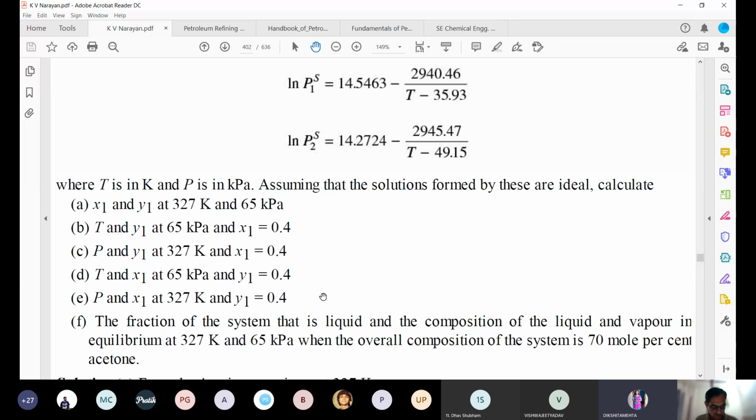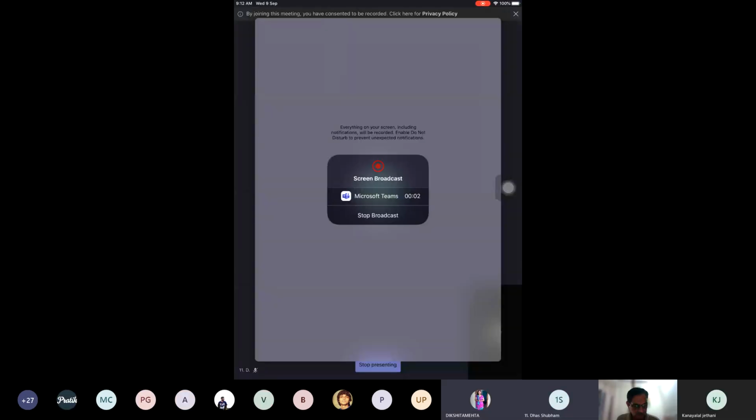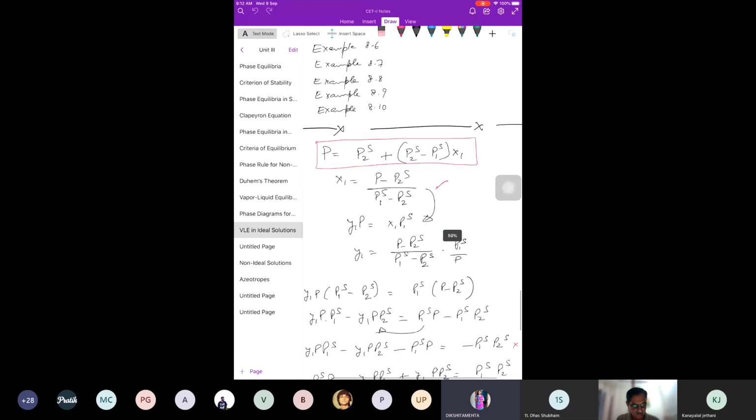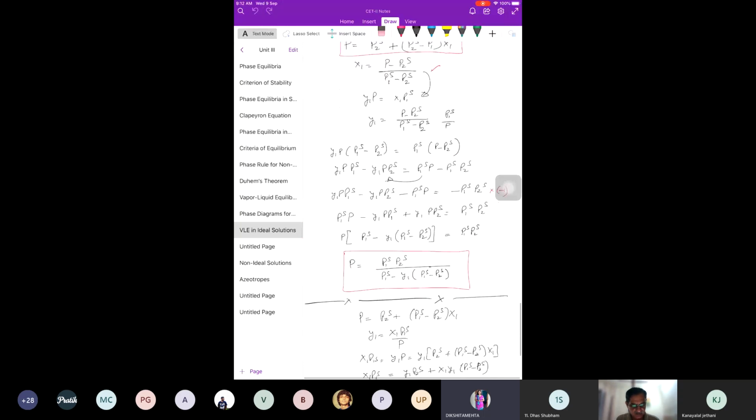Sir, with the formula we derived in the last part, the formula for P. Which formula was it? This one. Y is given, p1s is known, p2s is known, right? So we can use this formula. p1s, p2s and y1 are known. We can calculate p.